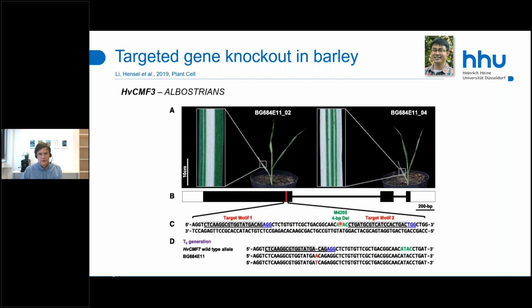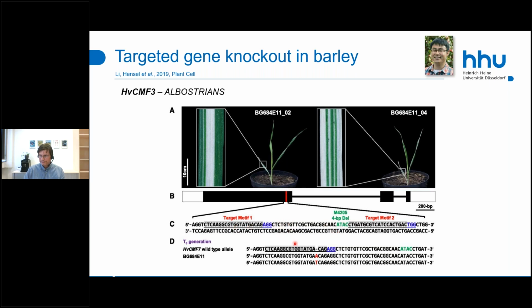And we used CRISPR-Cas9 in order to give another confirmation. And as the Cas9 protein needs a so-called PAM sequence, which is NGG for the Cas9, we could not directly target this tilling position, but we chose target sites which are close to the tilling mutant.